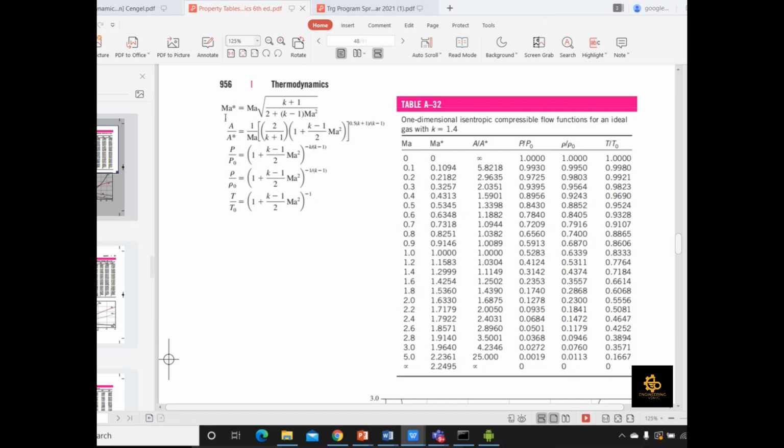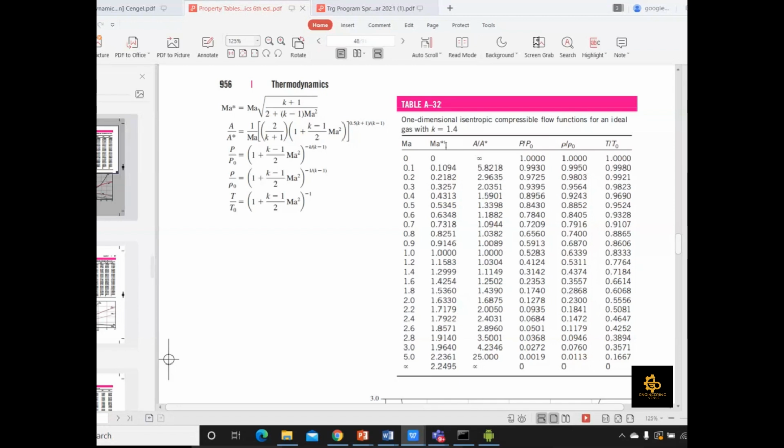You notice that all the formulas you already saw in the previous lectures are given here. The table gives different properties for different Mach numbers. So we have Mach number here, and then we have Mach star. What is Mach star? Basically, Mach star is your local velocity over the speed of sound at your throat.